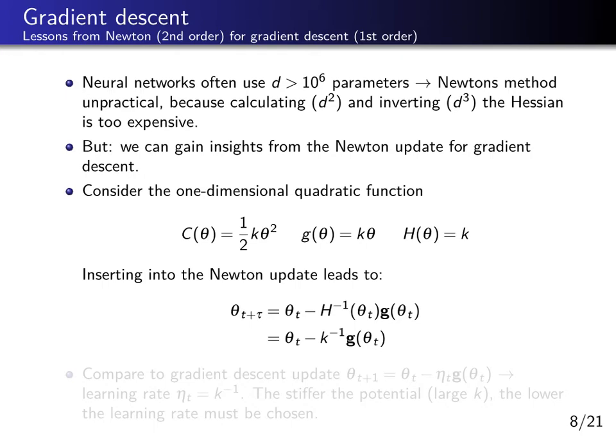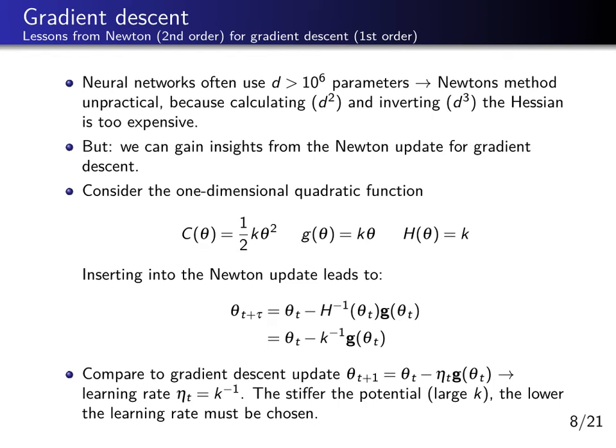but you can just compare this form of the update to gradient descent. And then you see that our learning rate now is k inverse. So k inverse has become the learning rate. And that tells us if we are in a situation like this, where we have a locally harmonic function, then basically we want to use a step size or learning rate which is like the inverse of the stiffness of the potential.